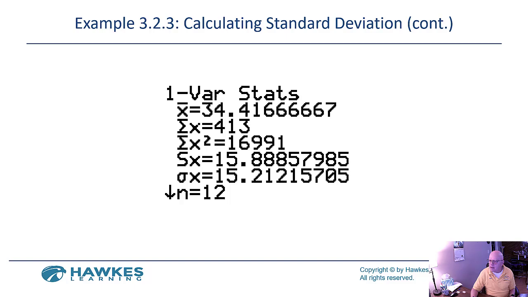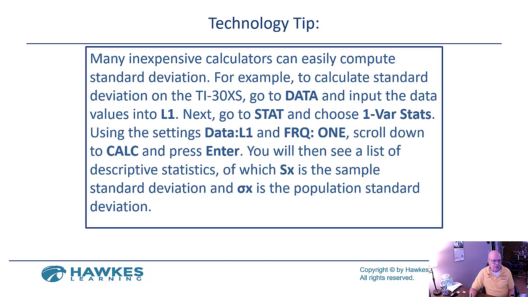And this is the one you're looking for because you were working with every patient, a.k.a. the population. Make sure your frequency is 1. Make sure your data is in L1 or wherever you want. You can put in one of the others. In fact, I encourage you to try some different lists occasionally, just so you don't get locked into using L1 all the time.